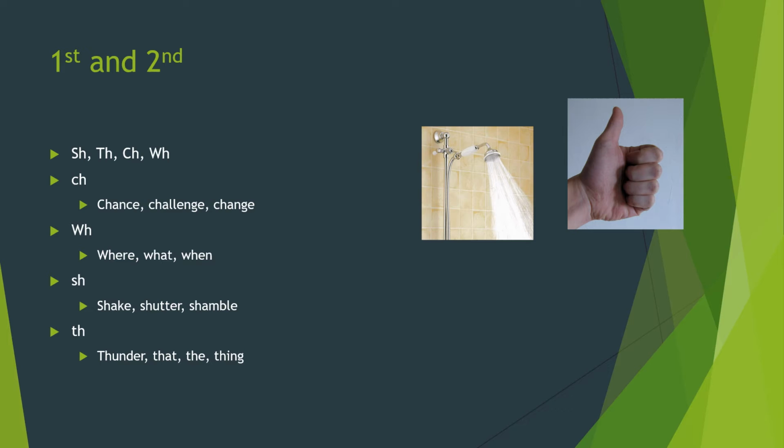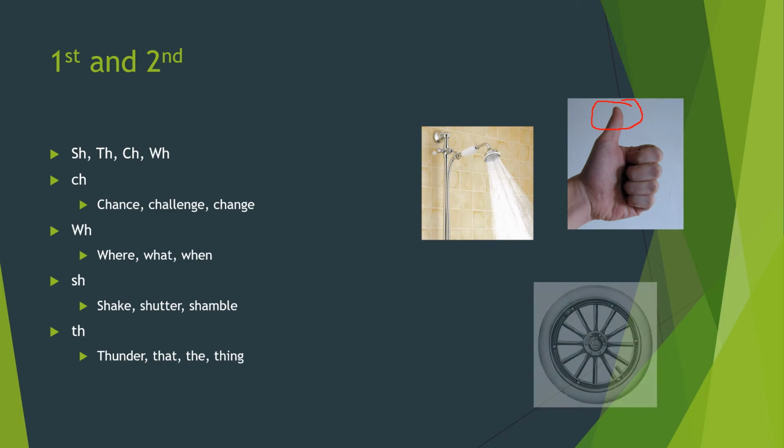The thumb is this one at the top here. Does that start with CH, WH, SH, or TH? Wheel. Does that start with CH, WH, SH, or TH? Which one?